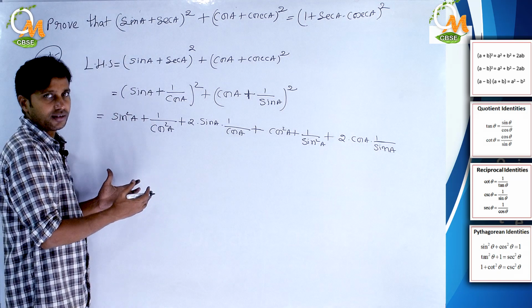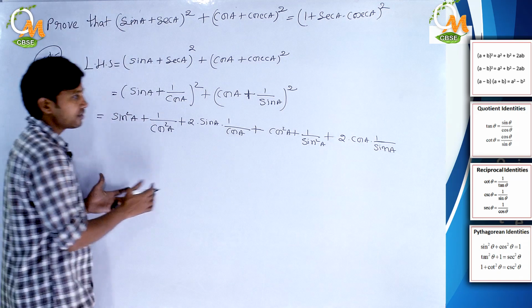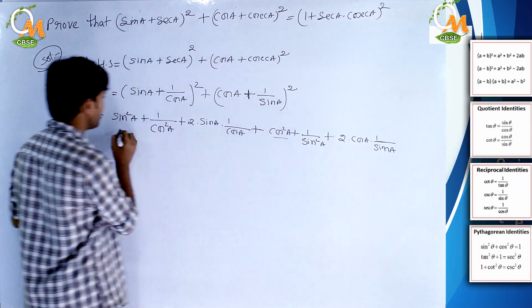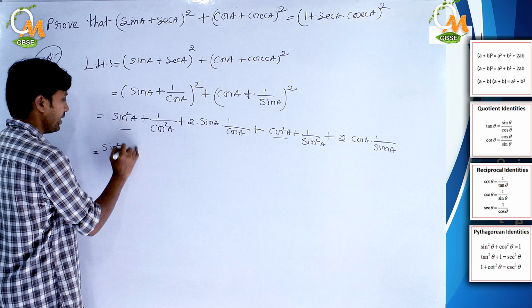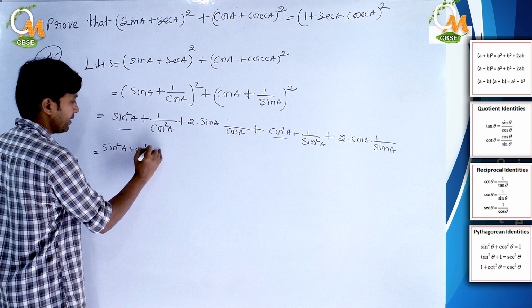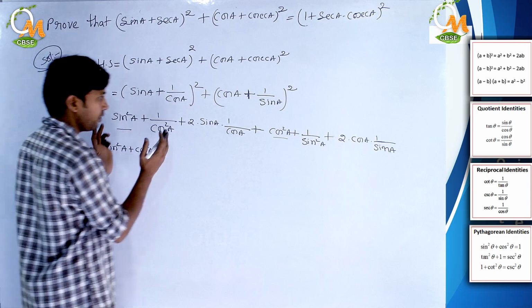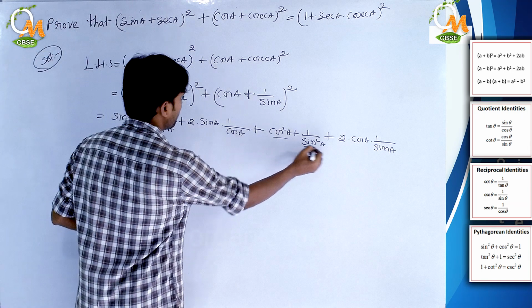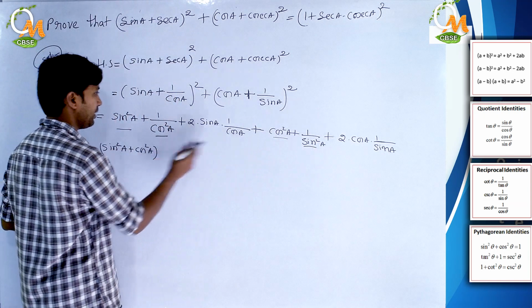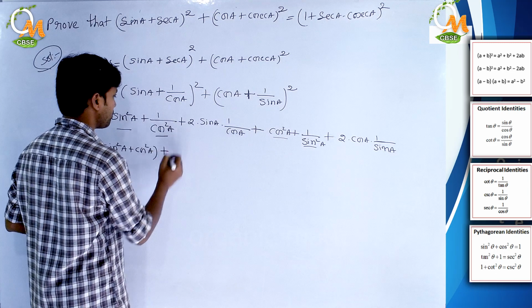Now let us group the terms according to our convenience. See, cos square A and sin square A we will group together: sin square A plus cos square A. Okay, this is one expression. Now second, we group the terms 1 by sin square A and 1 by cos square A. Both have plus symbols, so there is no problem at all.